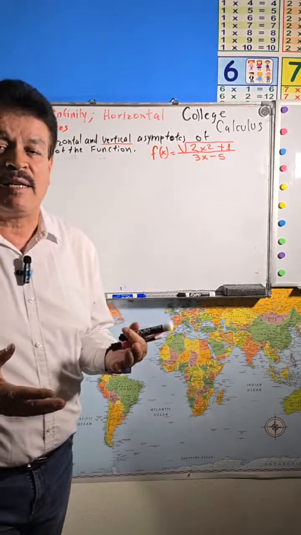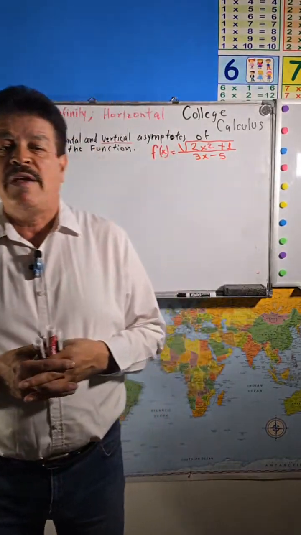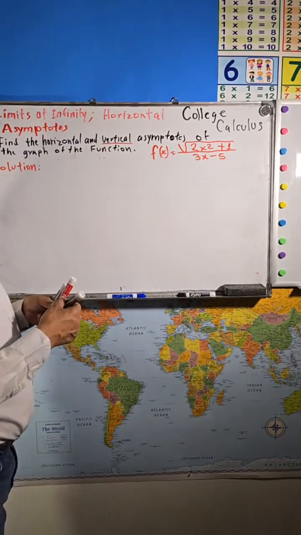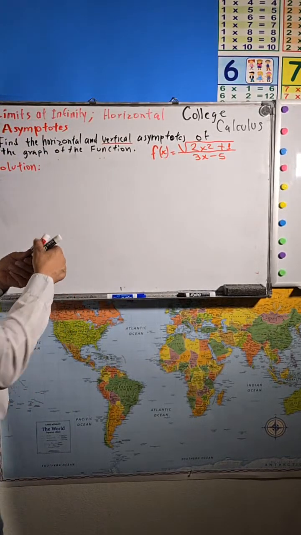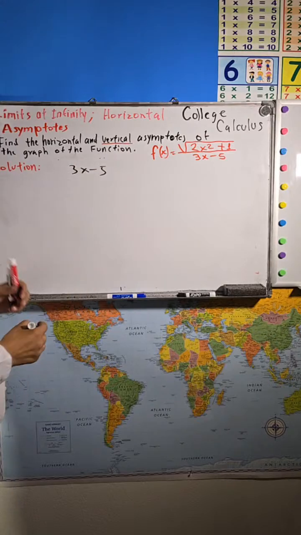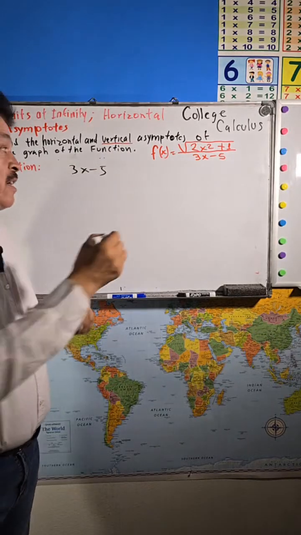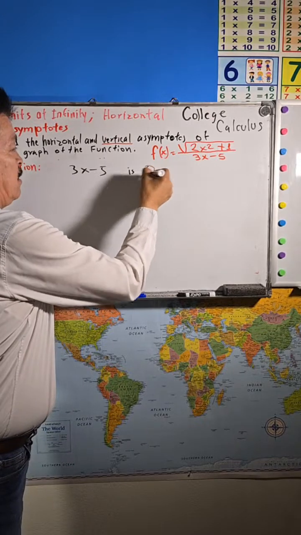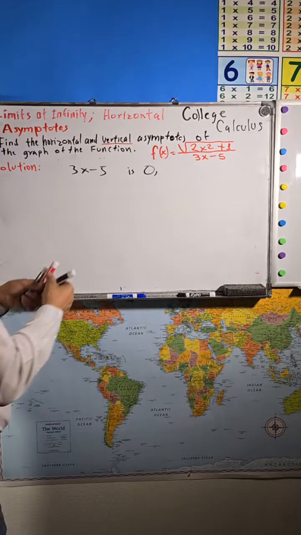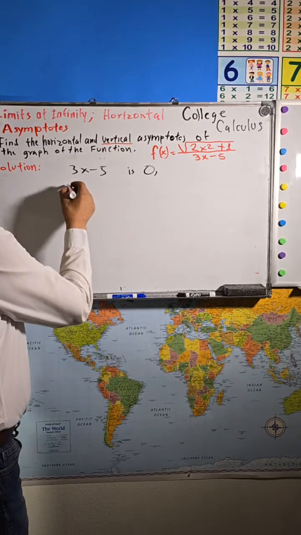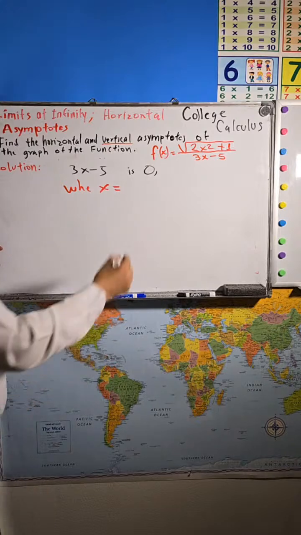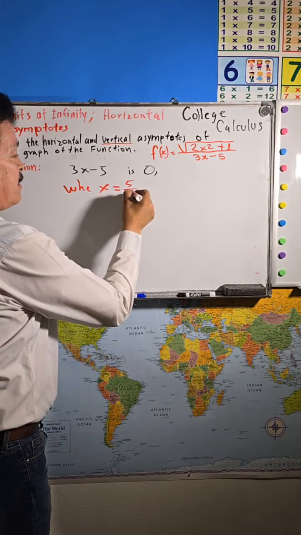A vertical asymptote is likely to occur when the denominator 3x minus 5 is 0. Okay. When x is equal to 5/3.